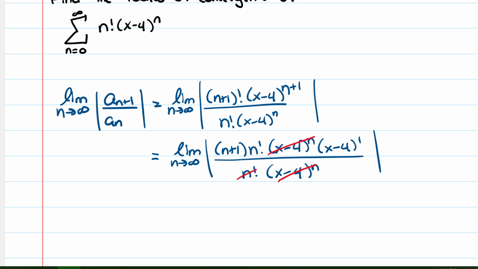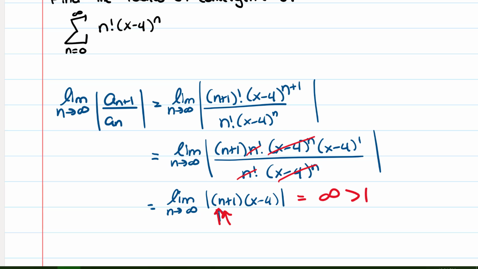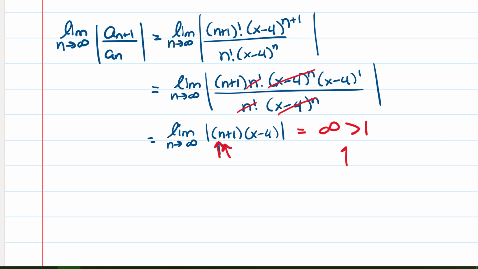So these reduce off, and I'm left with the limit as n approaches infinity, absolute value of n plus 1 times x minus 4. I plug in infinity for n, and I get infinity, which is bigger than 1. Therefore, my summation diverges, which means that r is 0 because there's no convergence, so the radius of convergence is 0.